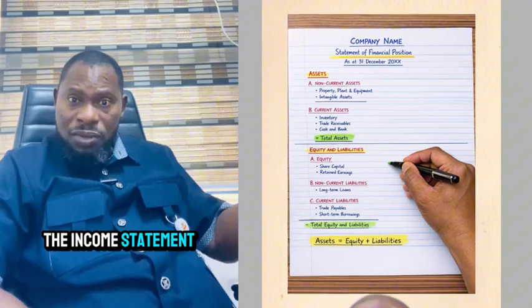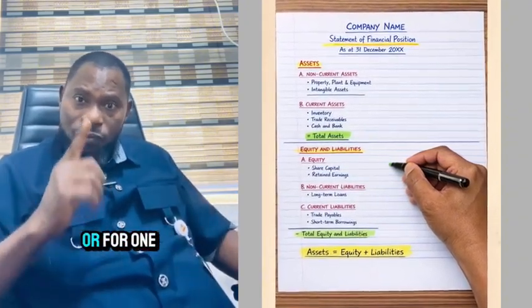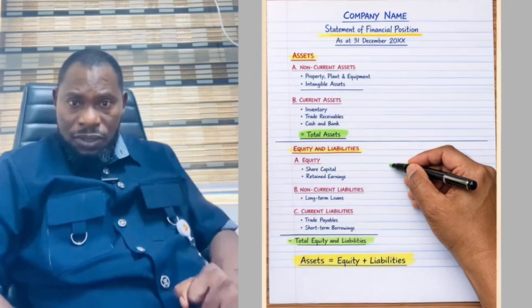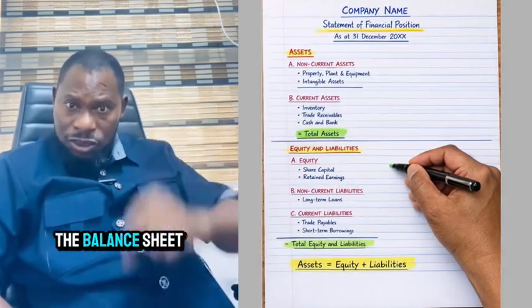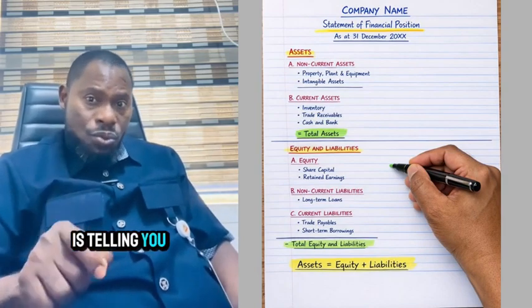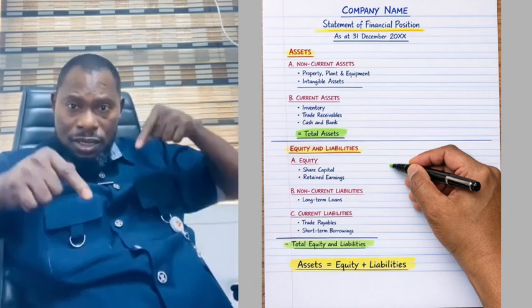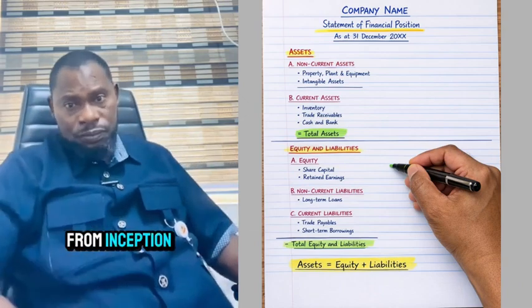So the income statement is telling you about performance for 1 year or for one accounting period. Whereas the statement of financial position, which is called the balance sheet, is telling you how much the company is worth from when it was created till now, how much it is worth right now from inception.